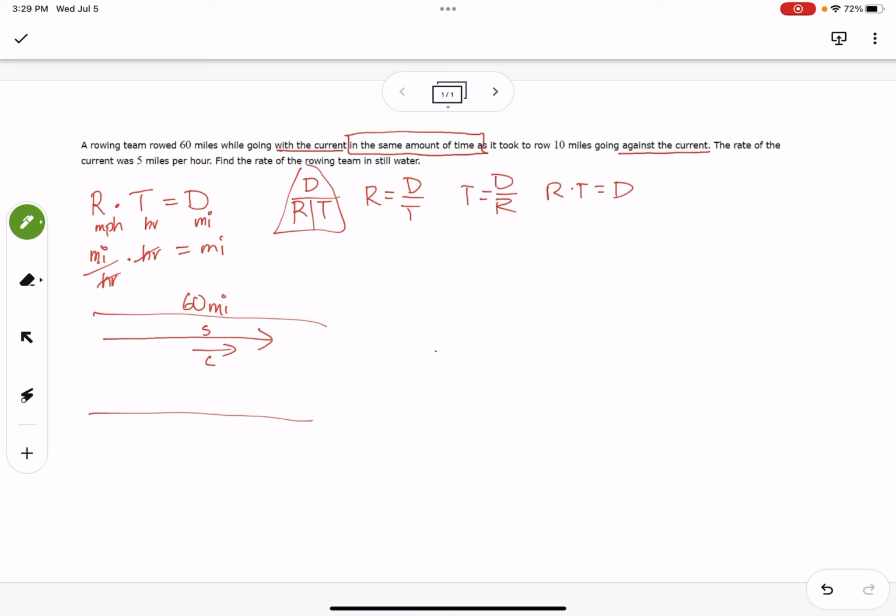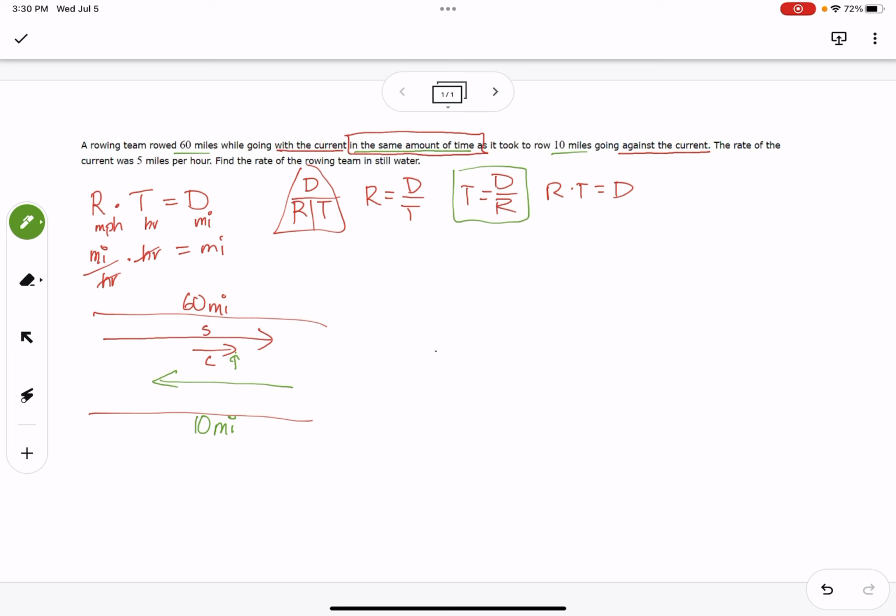I do, but just if you were looking at this problem for the first time. And then it's 10 miles against the current. So if they're going this way, they're against this current, right? This current here is negating them, and they're going 10 miles in that amount of time, the same amount of time.